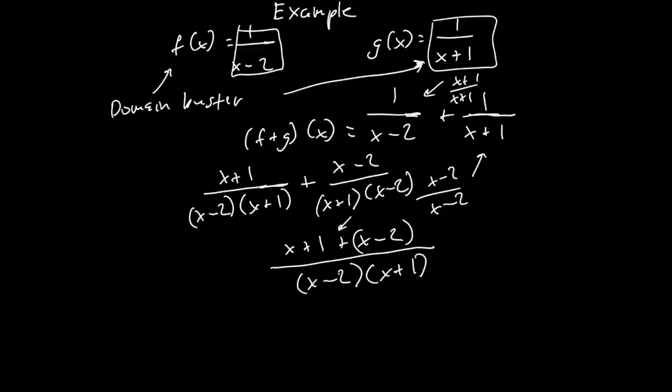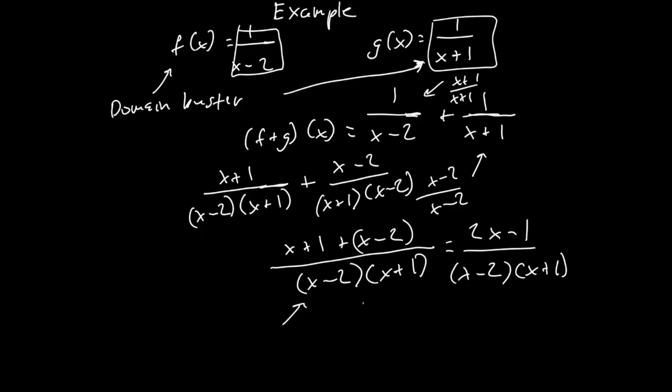So you can't cross out anything. So now we combine like terms, so you get 2x minus 1, because 1 minus 2 is negative 1, over x minus 2 times x plus 1. And this would be our final answer, but we need to consider domain.